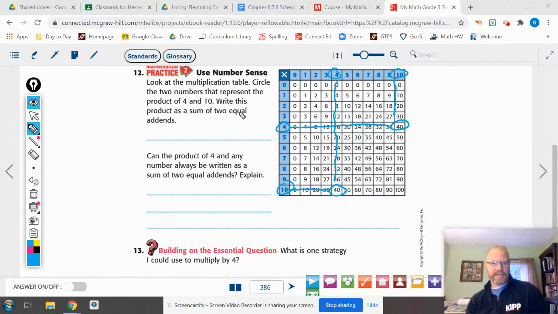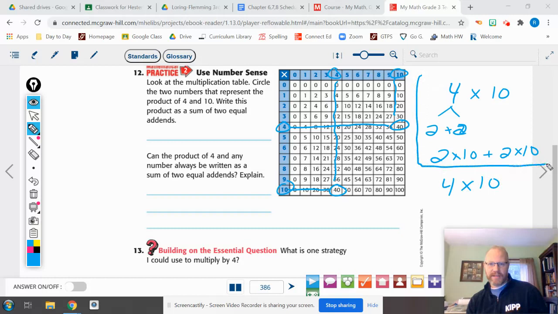Write this product as a sum of 2 equal addends. So we can break it down 2 ways. 4 times 10 is the same as, we can break 4 down to 2 plus 2. So now you have 2 times 10 plus 2 times 10. So this is one way.